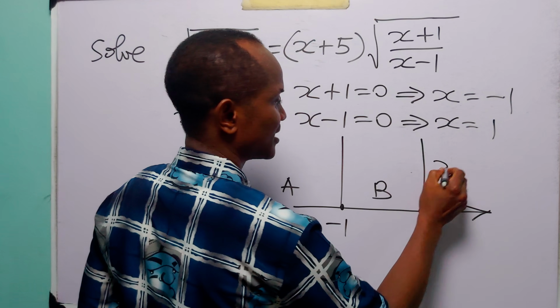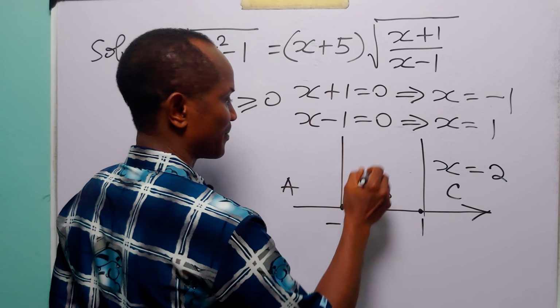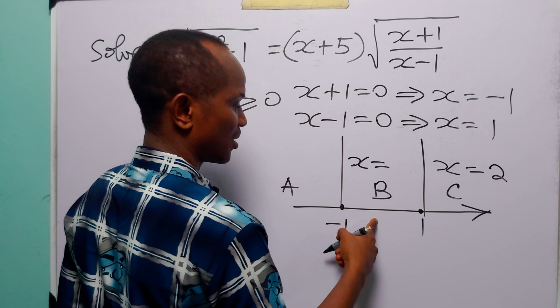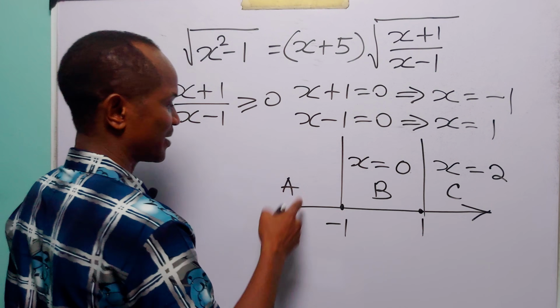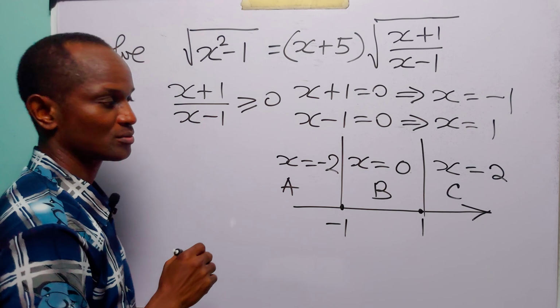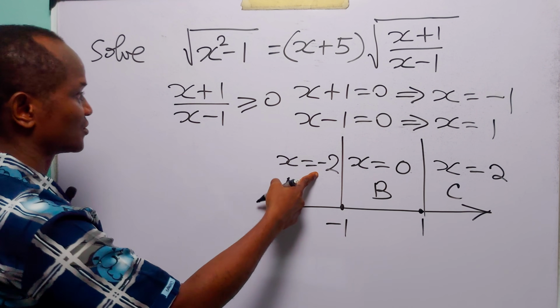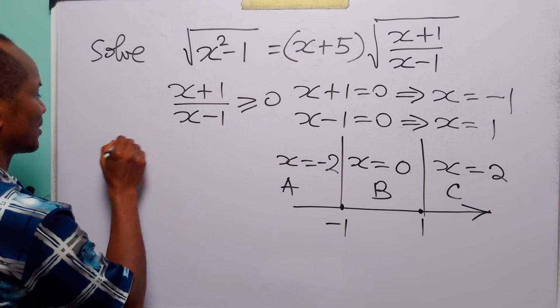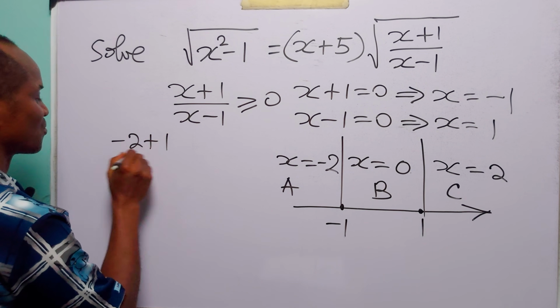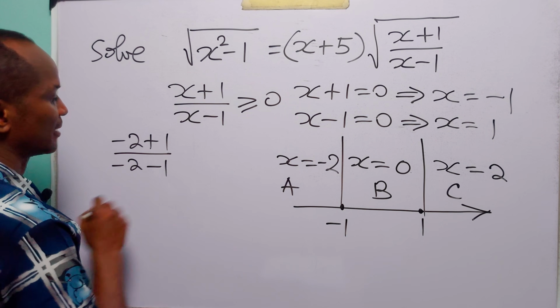Now, from here, let us take the value x equal to 2. From here, let us take the value x equal to 0. And from here, let us take the value x equal to minus 2. Let us start with this. When x is equal to minus 2, we have (minus 2 plus 1) over (minus 2 minus 1).